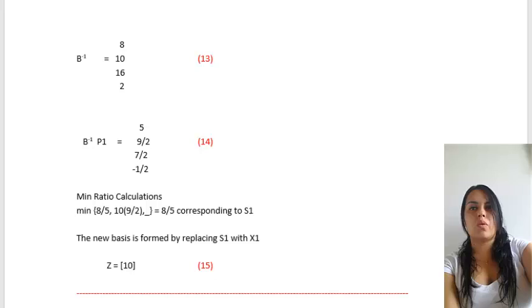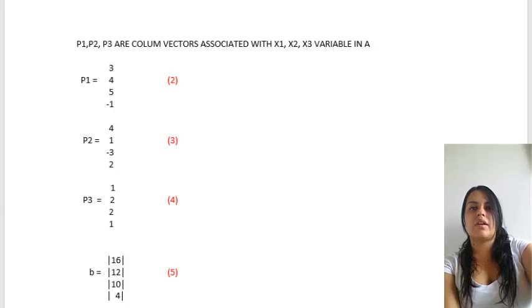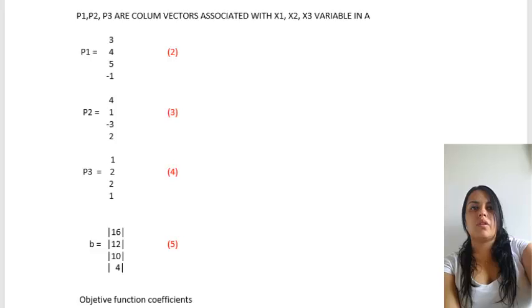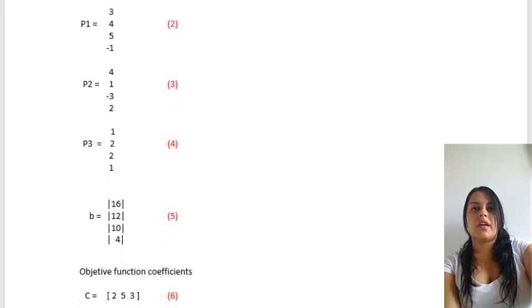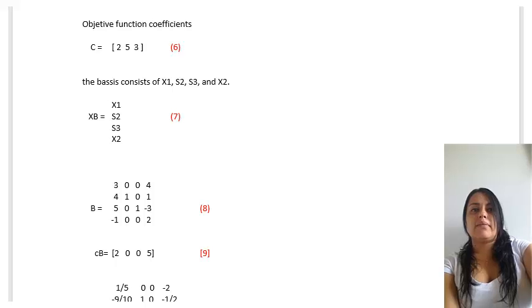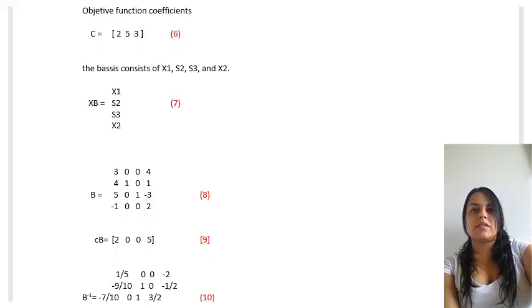Now we are going to go to worksheet 3, in this case the same worksheet, and just copy and modify it, so it's not a difficult task to do. A, P1, P2, P3, B and C. The new basis is going to be x1, s2, s3 and x2.